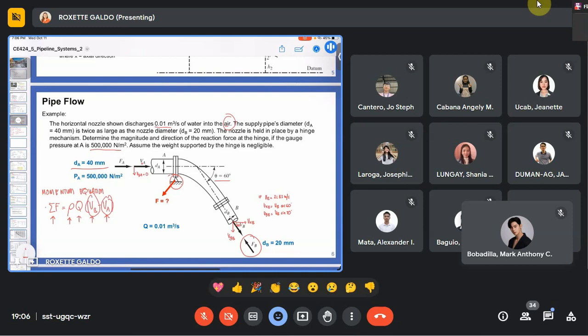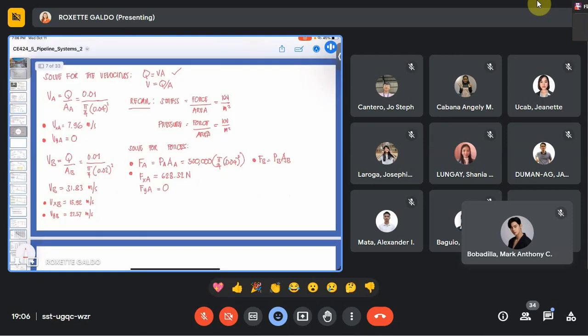And if we are dealing with water and atmospheric pressure, the pressure in the water at this point B is 0. Very good. So therefore, the pressure at B is 0. If the pressure at B is 0, FB will be 0. And even if we break down its components, it will still be 0.